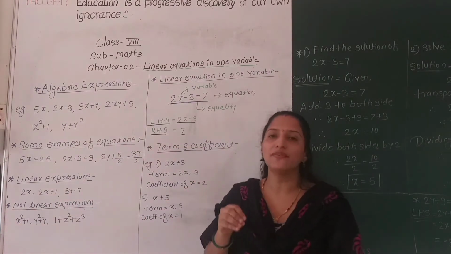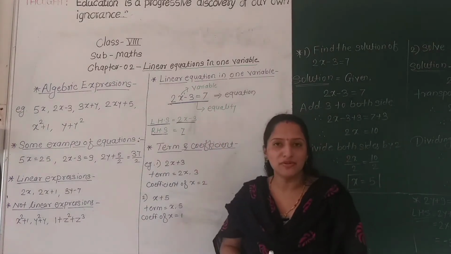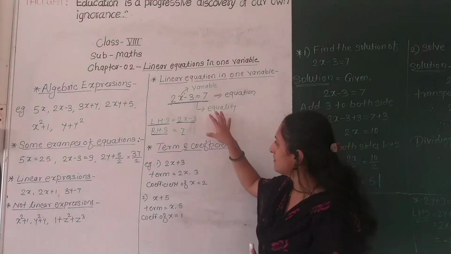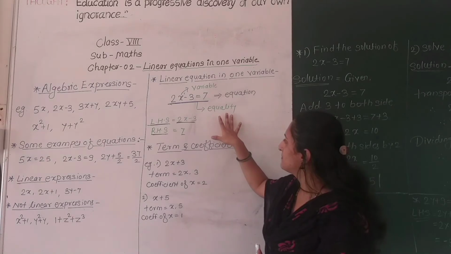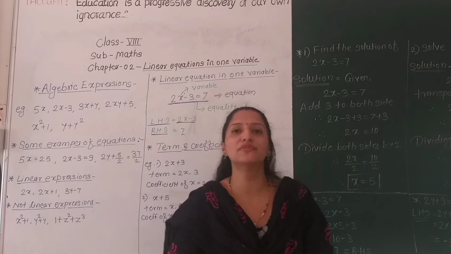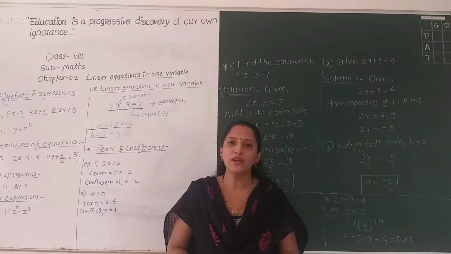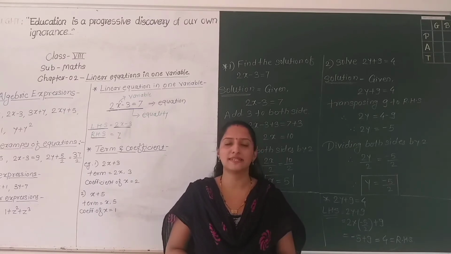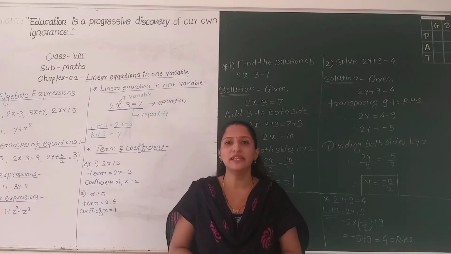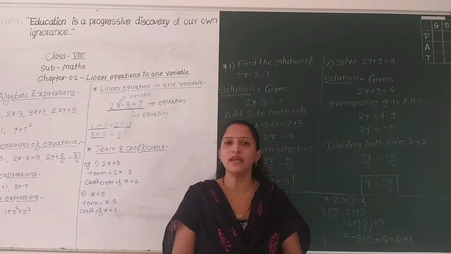The values of x which satisfy the linear equation are called solutions of the equation. So we are going to solve some equations which have a linear expression on one side and a number on the other side.